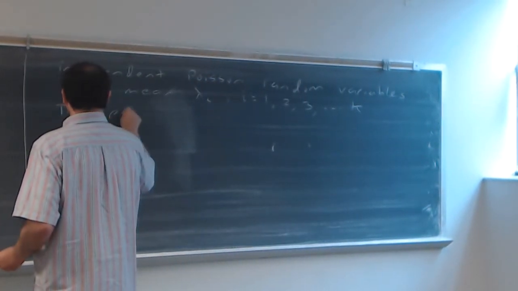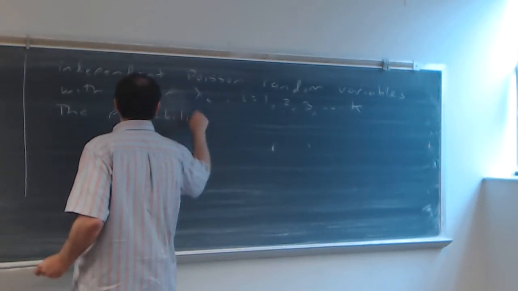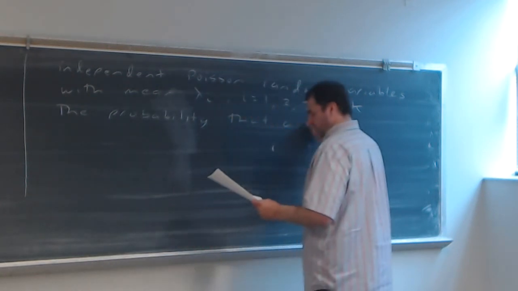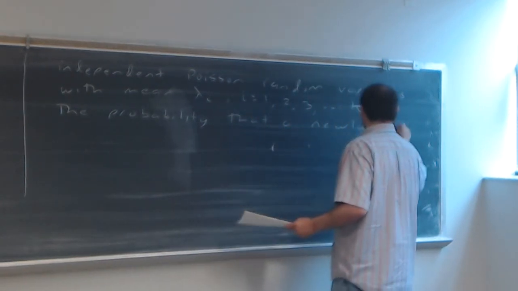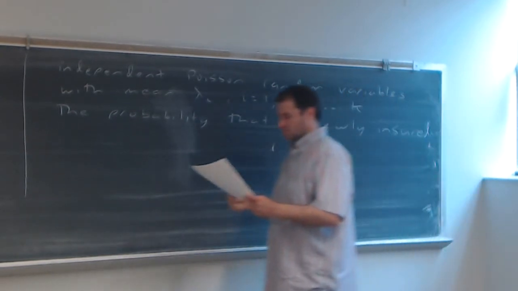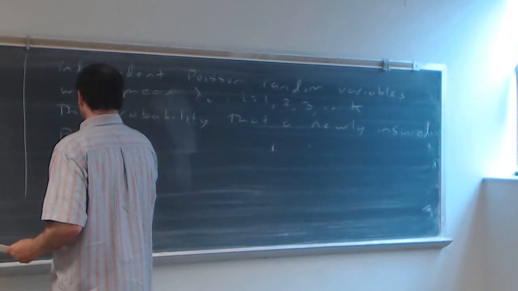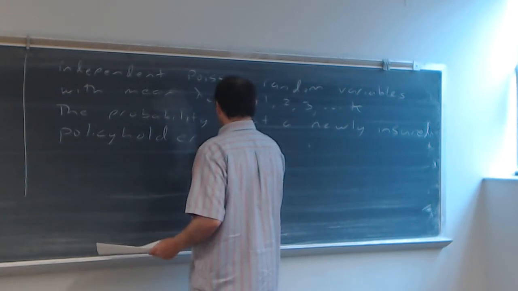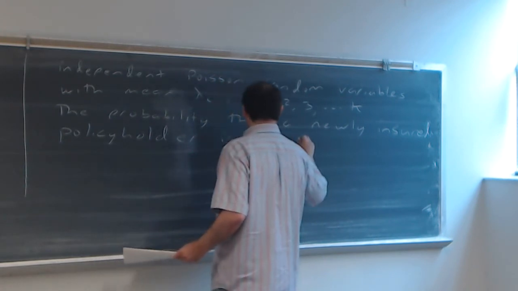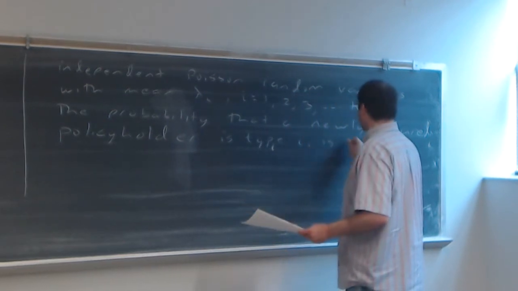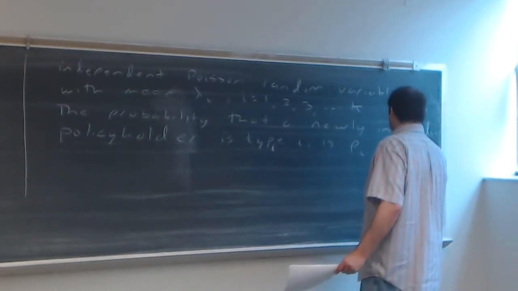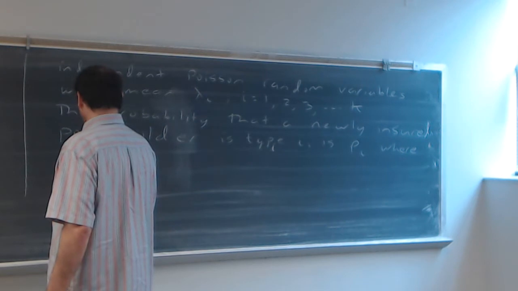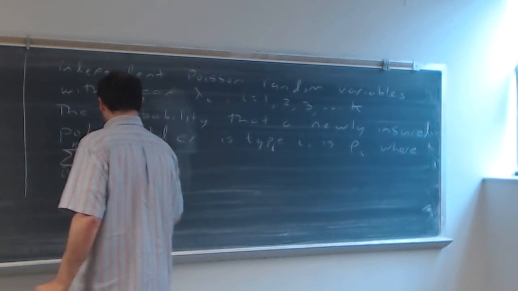The probability that a newly insured policyholder is type i is p sub i, where the sum as i runs from 1 to k of p sub i must be equal to 1.